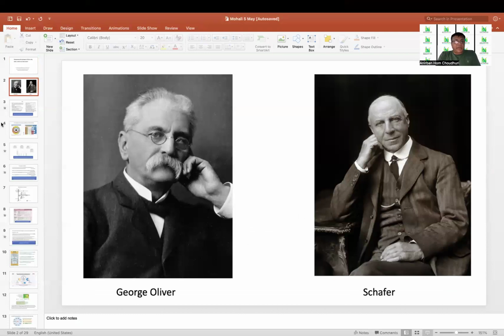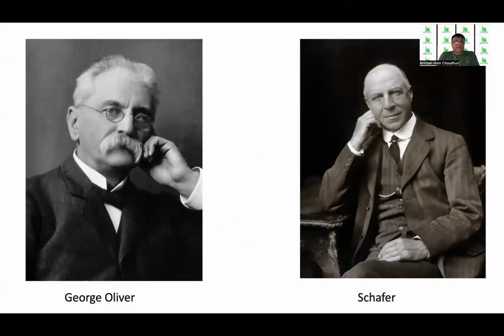A little bit going by the history, it is an interesting fact that one physiologist, an engineer, George Oliver, way back some 300 years ago, first identified the presence of some substances in the suprarenal gland.